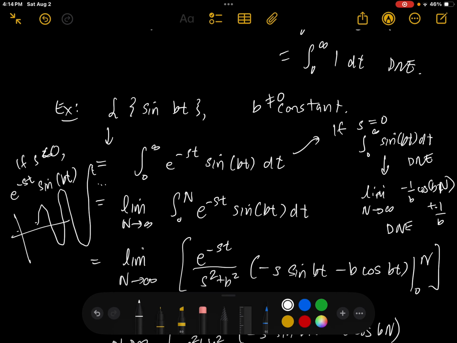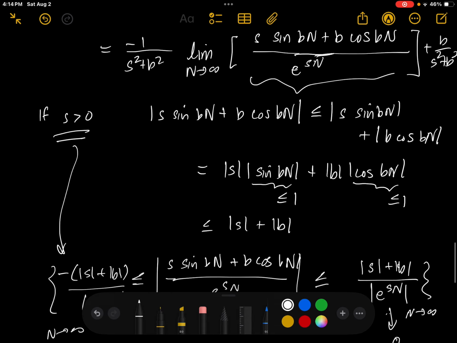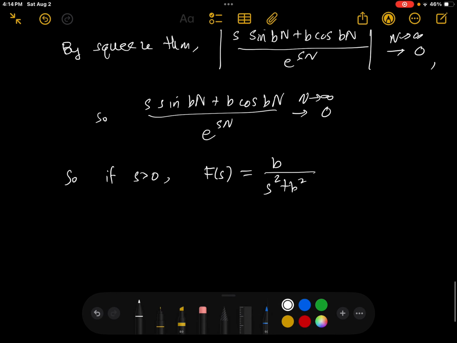So the graph is going to look like that, and so the integral doesn't exist. And so this shows that the Laplace transform is this, where s is greater than 0.